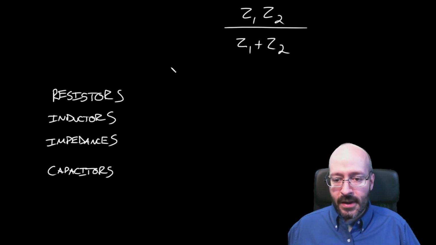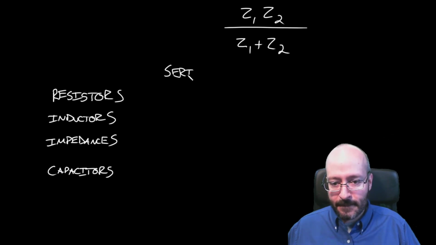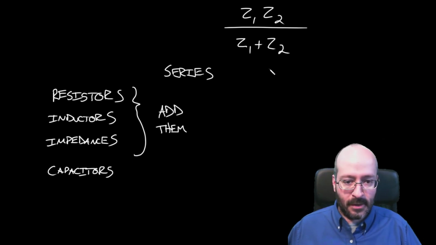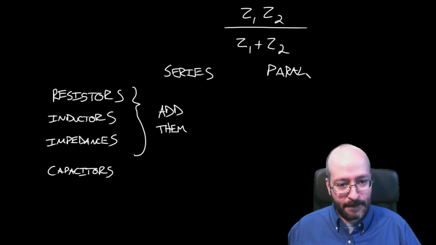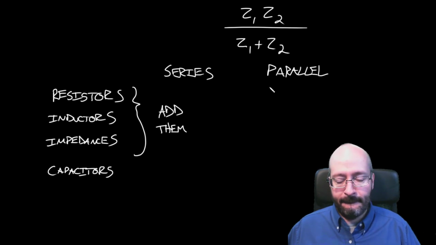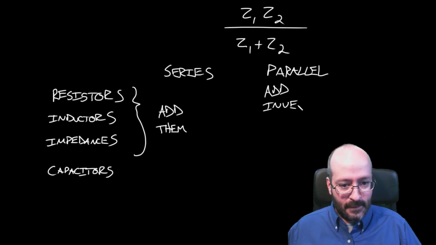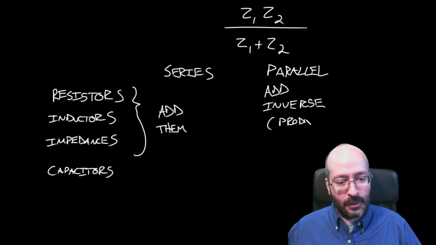Okay, when these are in series, all of these, we add them. Okay, when they're in parallel, the inverses add. So add inverses, or do product over sum if there's only two.